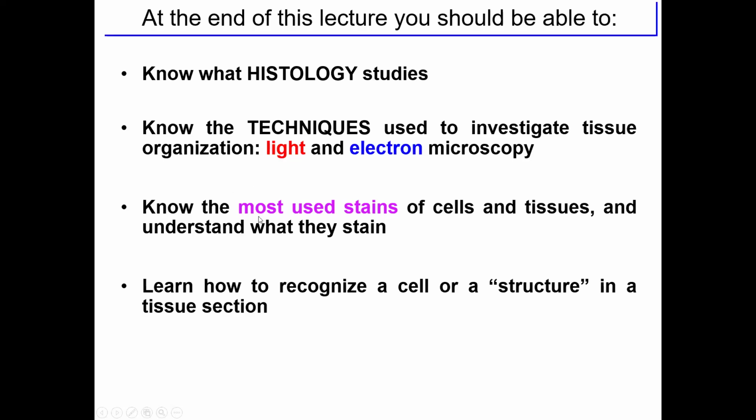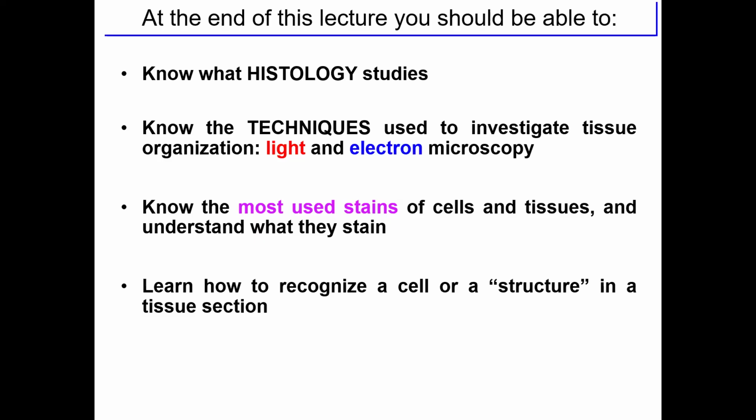We will look at the most used stains. The most important stain that histology uses is H&E, hematoxylin and eosin, and it highlights very well the cells and the intracellular organelles in cells, and it allows you to distinguish between the different cells and between the cells and the extracellular matrix.